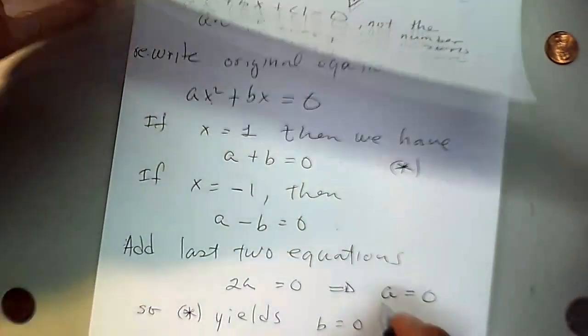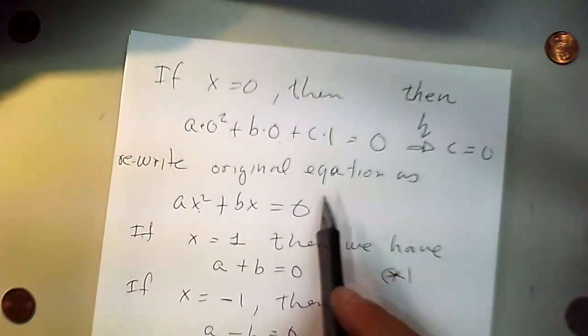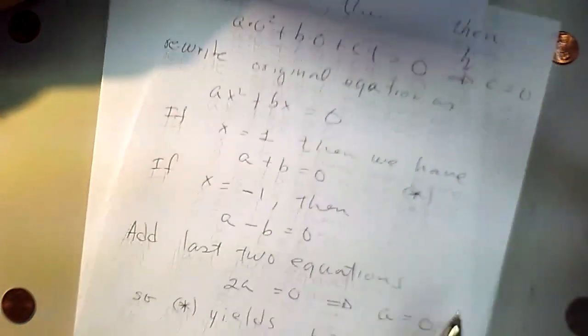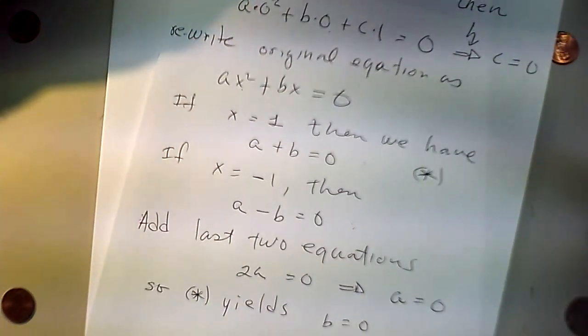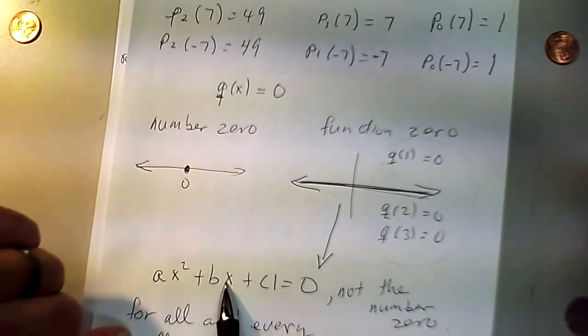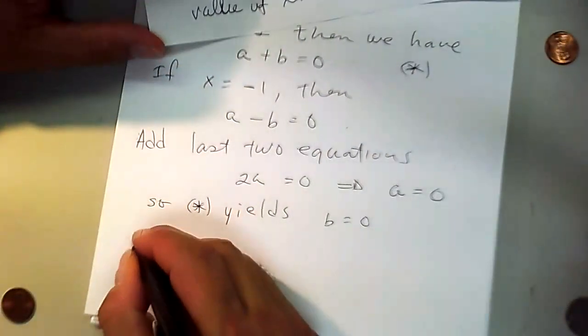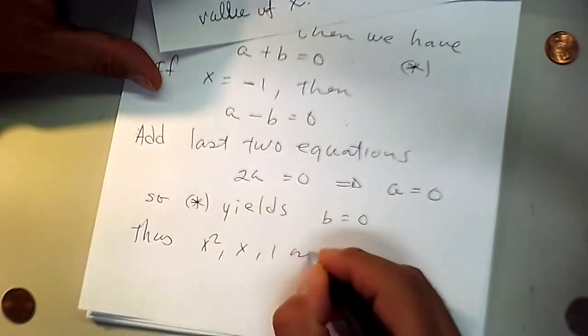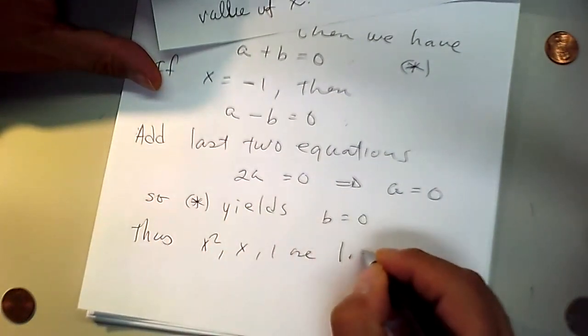So c, what is it? C is 0, and so is a, and so is b, and consequently, the three functions x squared, x, and 1 have to be linearly independent.